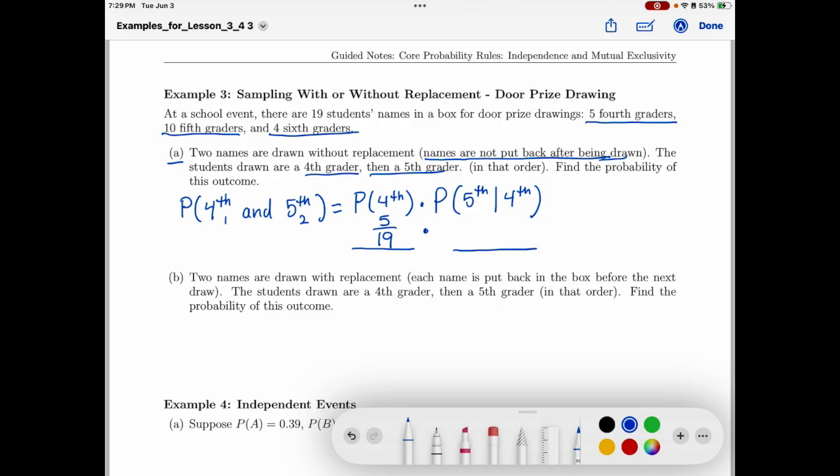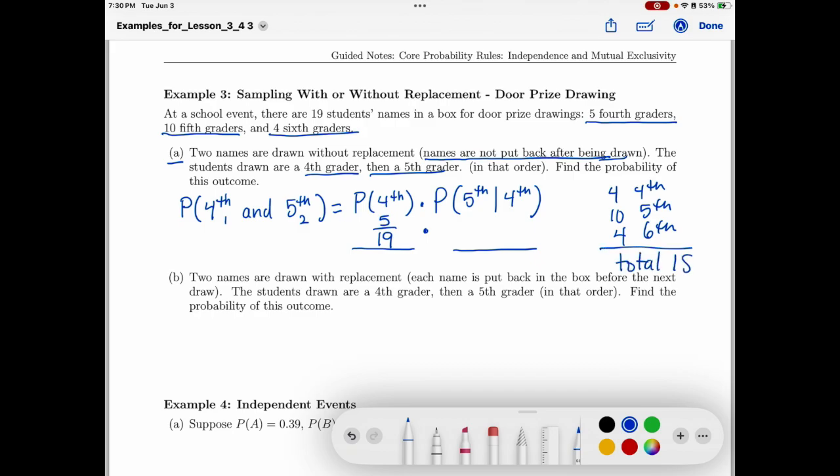Now, for the second pick, because the name is not put back in the box, we have to assume that there are no longer 5 4th graders in the box. There are 4 4th graders, and there are still 10 5th graders, and still 4 6th graders.